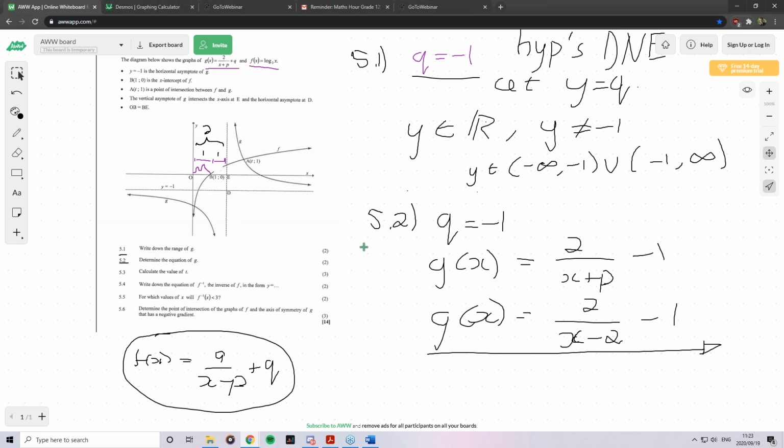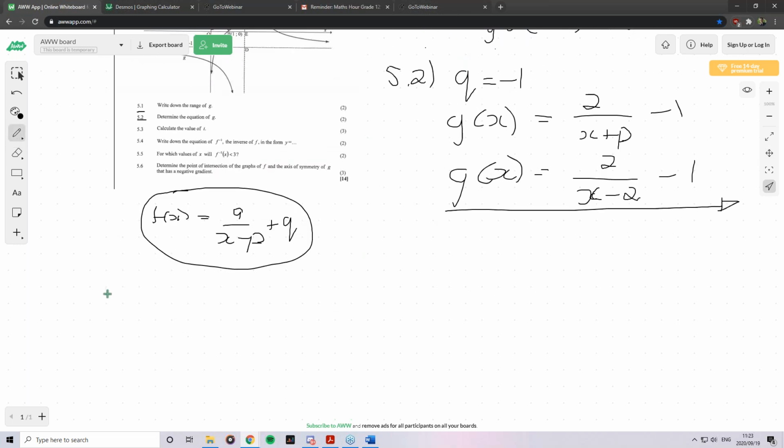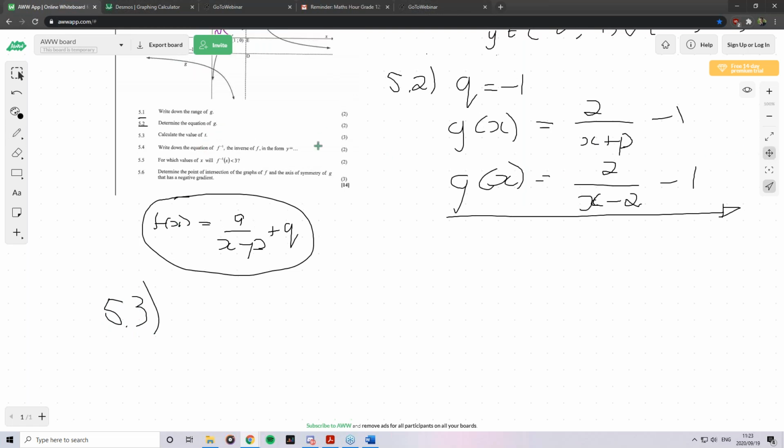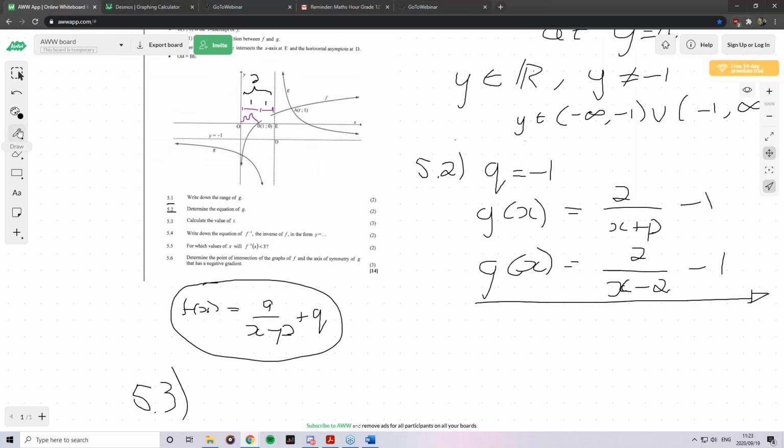Let's do question 5.3 quickly. 5.3. Calculate the value of t. So let's go back to the information. The point A, (t, 1) is here. So they're saying if the x coordinate is t, the y coordinate is 1.